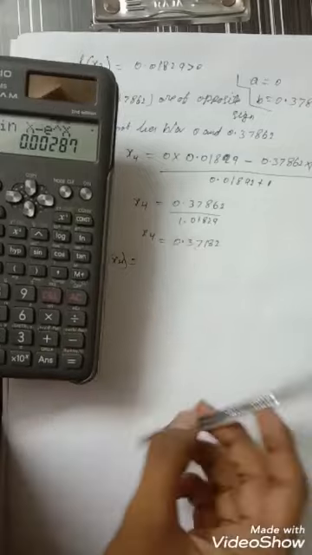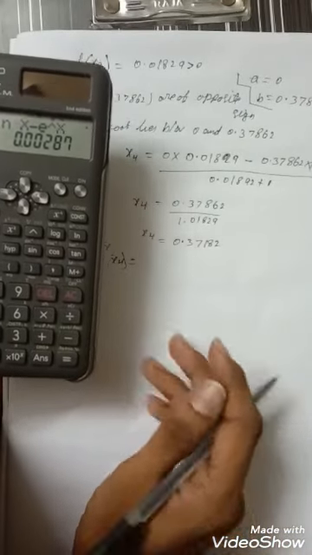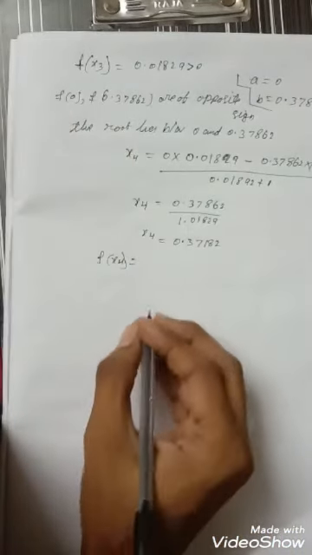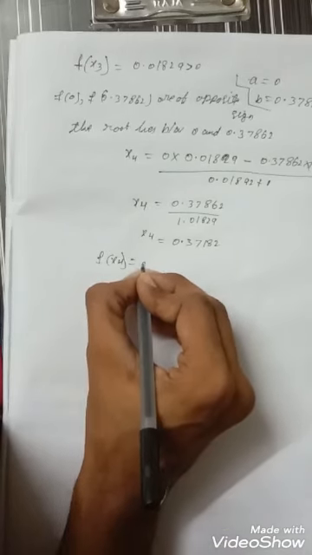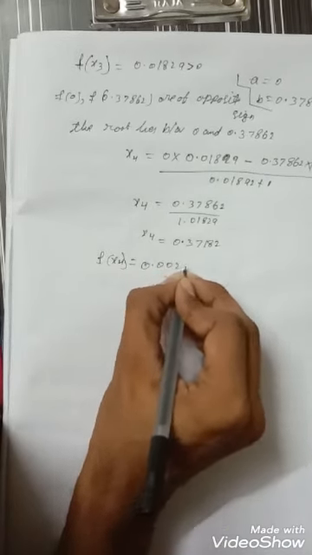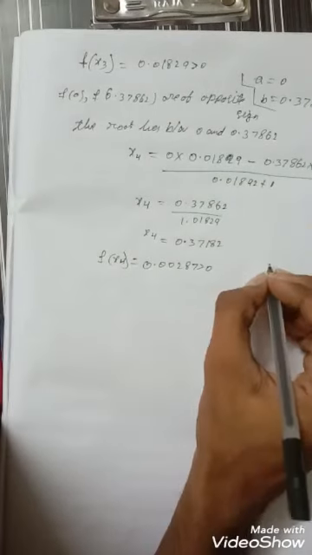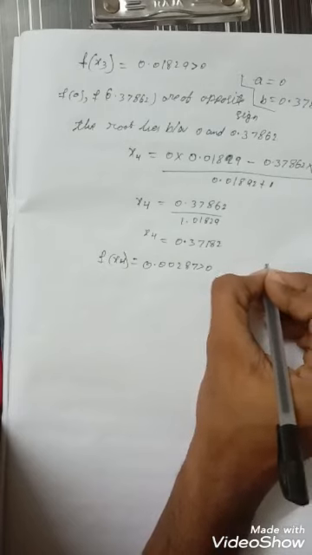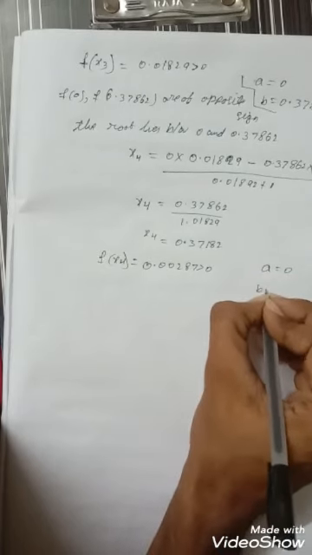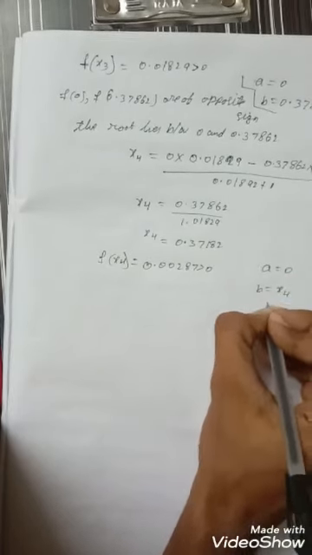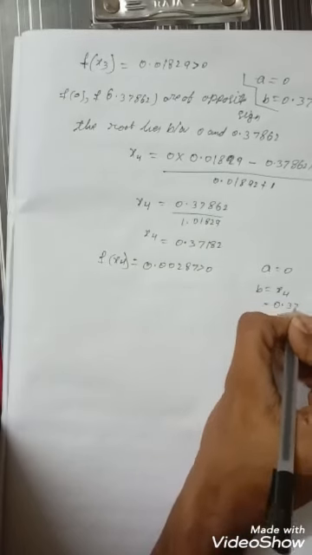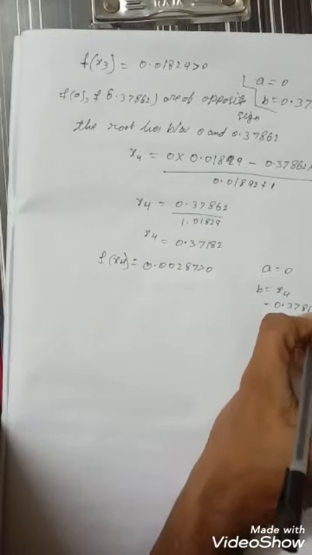We get 0.00287, which is greater than 0. Then the value of a remains unchanged as 0 and b is changed to x4, equal to 0.37182.